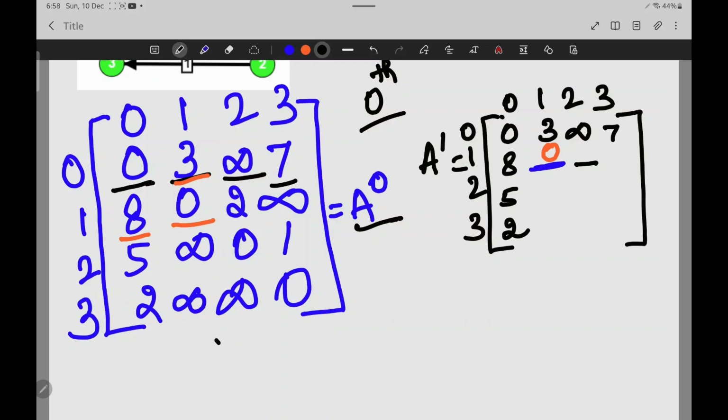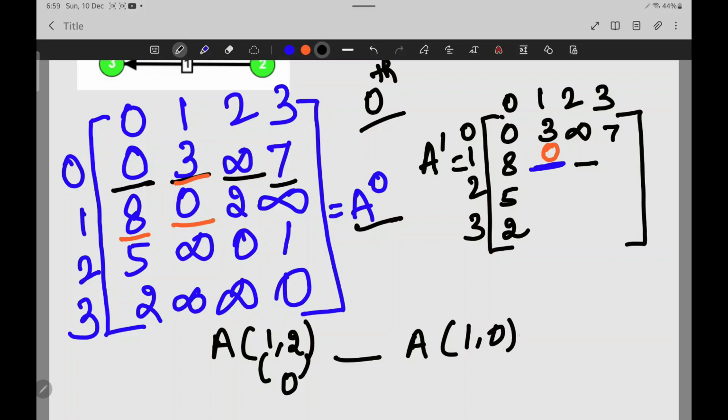Similarly we need to find A of 1, 2. We need to compare that via 0, so 1 to 0, 0 to 2. So A of 1, 0 plus A of 0, 2 via 0. So 1, 2 is traveling through 0.